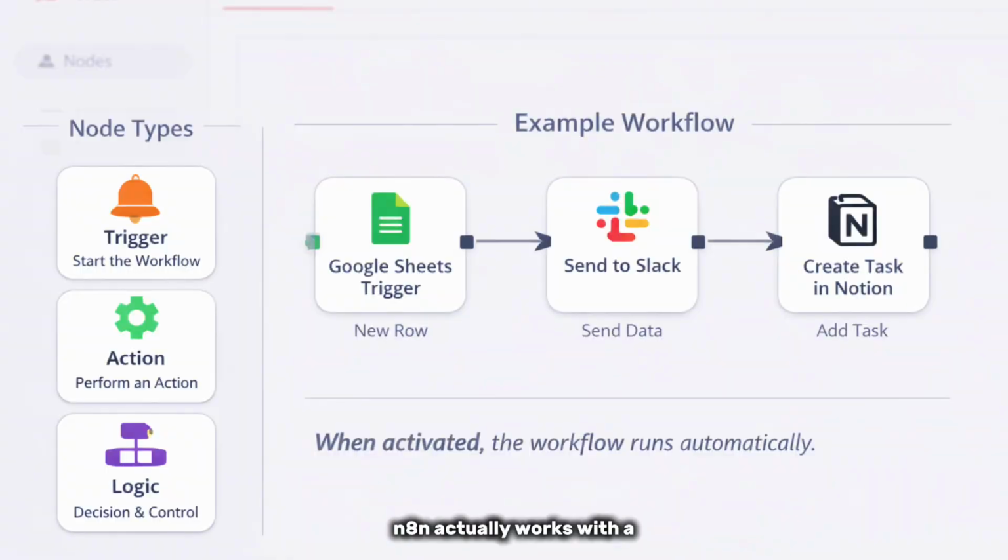Let me show you how n8n actually works with a simple example. Every automation in n8n is called a workflow. A workflow is made up of nodes. These are the building blocks. Each node represents either a trigger, something that starts the workflow, like receiving an email or a new form submission, an action, something n8n does, like sending a message, updating a database, or processing data, or a logic node for making decisions, splitting paths, or merging data.